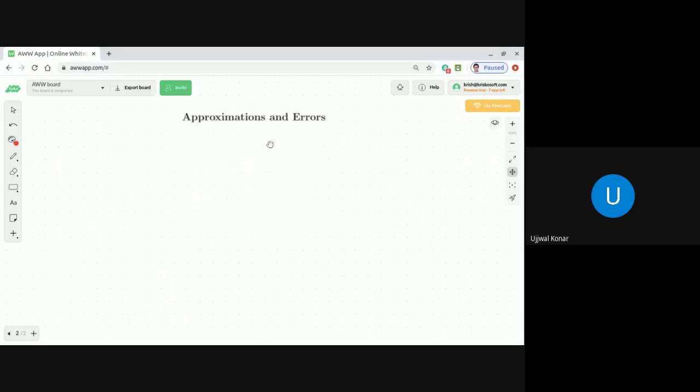Okay. Suppose one example is that we want to find the approximate value of cube root of 25. Suppose you do not have a calculator, and you need to find the approximate value.